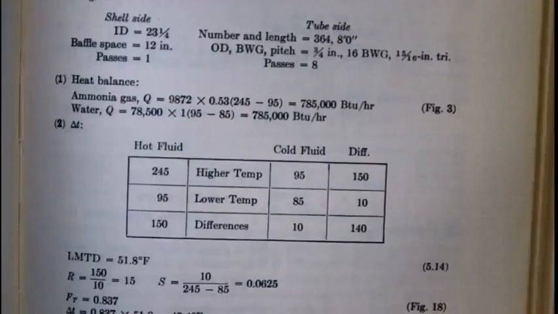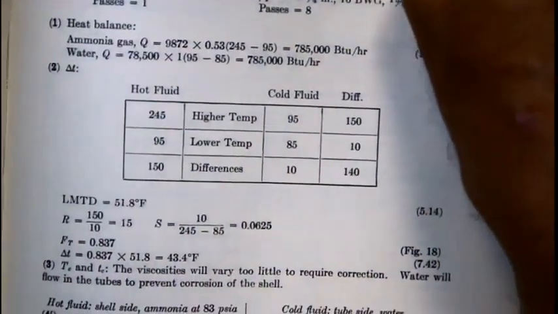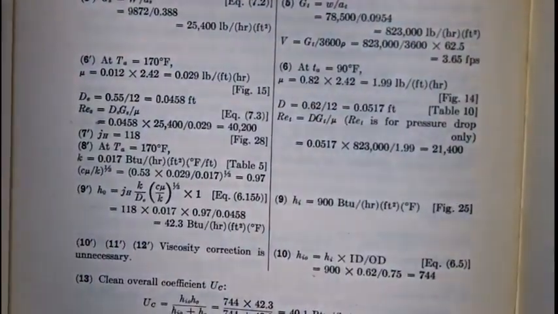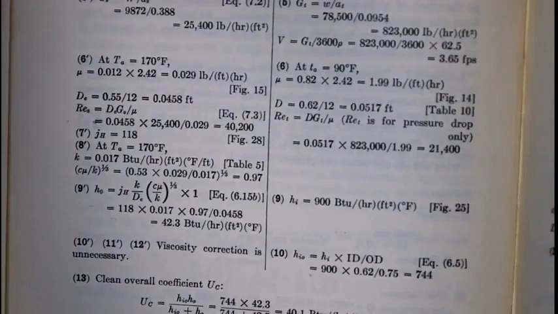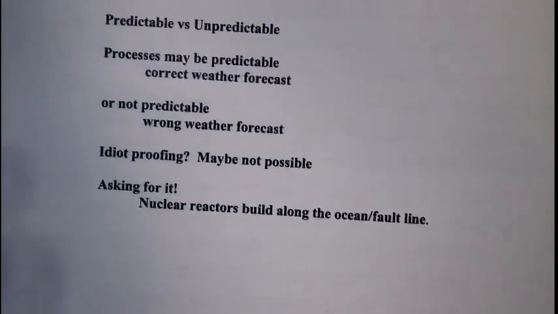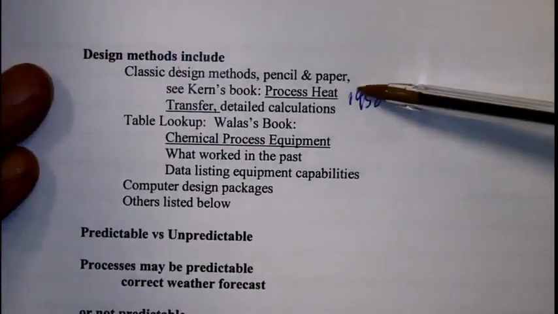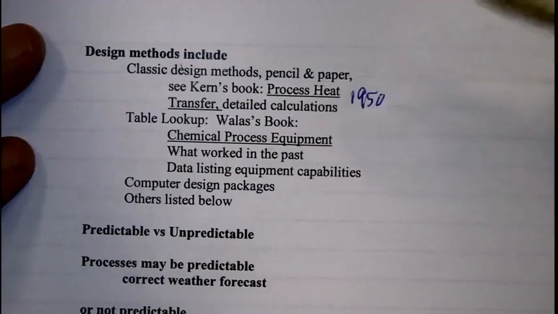I'll tell you, you can't hardly beat Kern. It gives you a sense of security. Look at all that, and away you go. Isn't that fantastic? Now, like I said, this is 1950. Classical design methods, Process Heat Transfer by Kern.